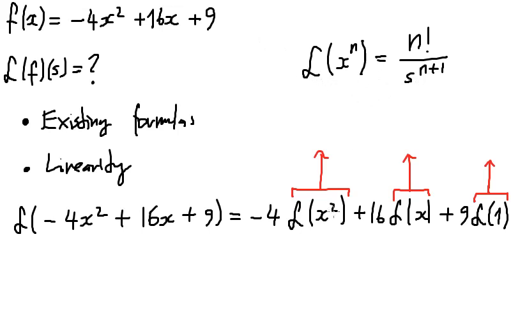In particular in this case, what we need is the case of n being equal to 2. So the formula will give us 2 factorial divided by s to the power 2 plus 1. In here, as we can see, we've got x, so we want n to be equal to 1.